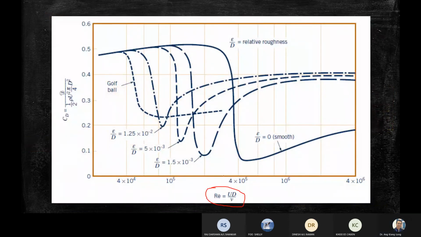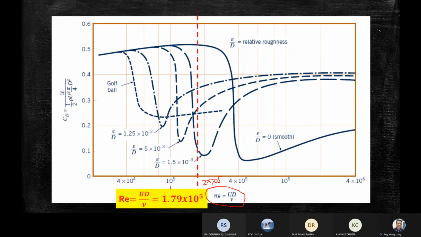This is 1, this is 4, so 1 to 4 divided by 2, this one is 2 times 10 to the power 5. We have 1.8, right? Our Reynolds number is 1.79, so it's about here, about 1.8. So we just draw a line on the graph.